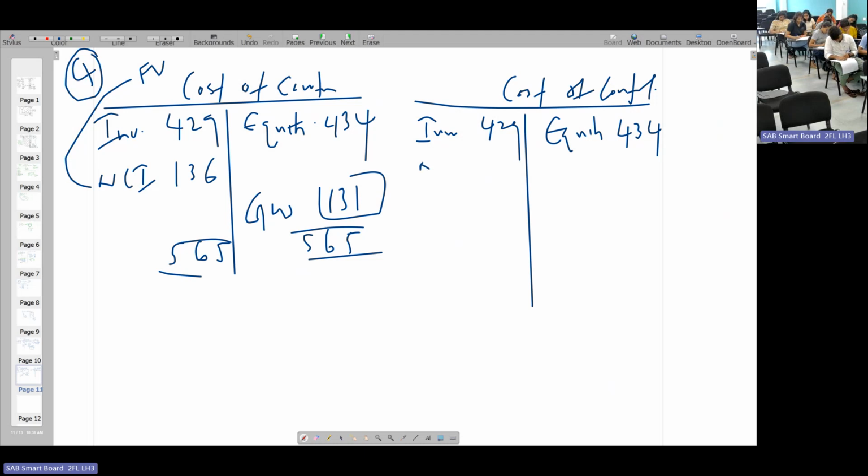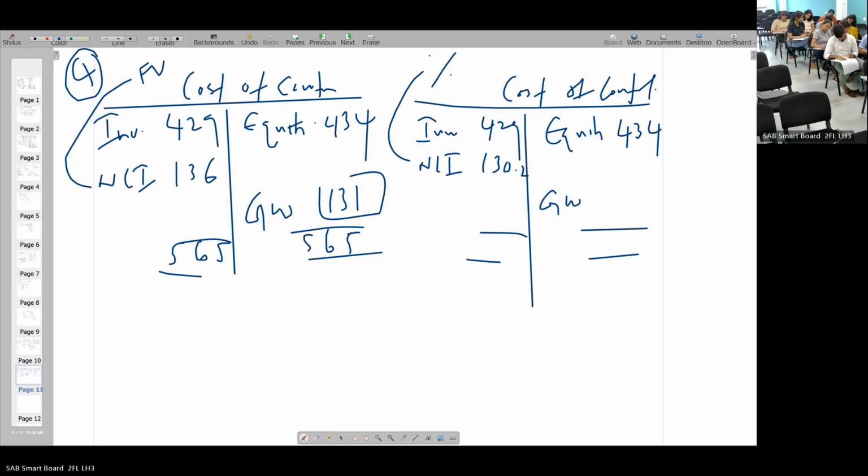But NCI, proportionate value of net asset. 434ට 30% නේද පුතා, කීය දෙන්නේ? 130.2, right. Now goodwill, balance sheet figure, 124.